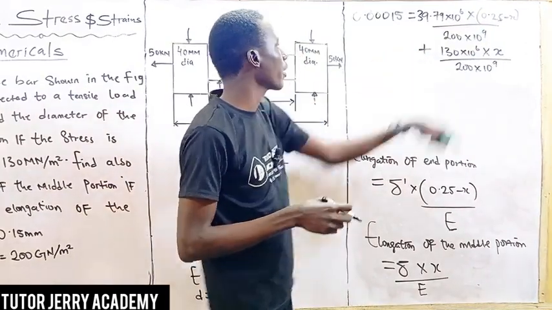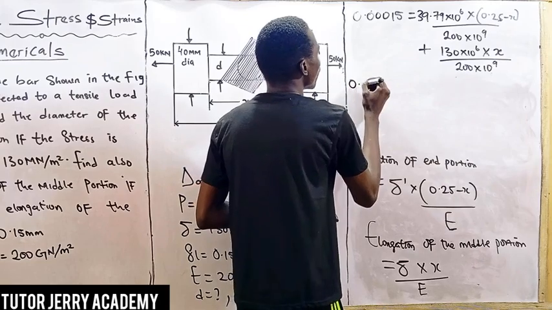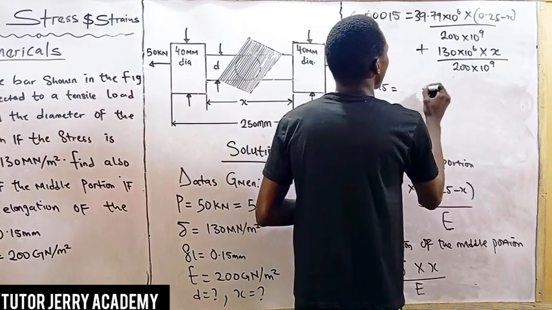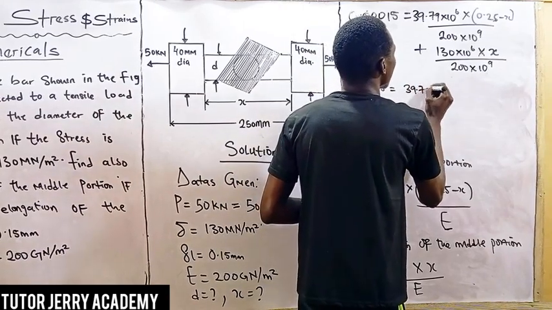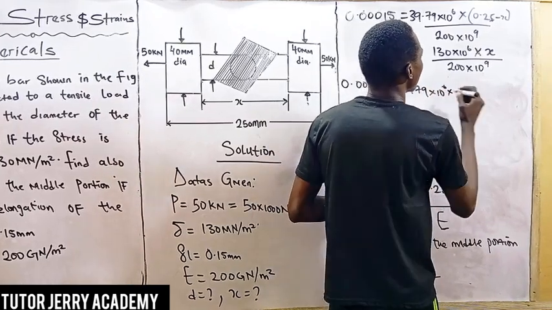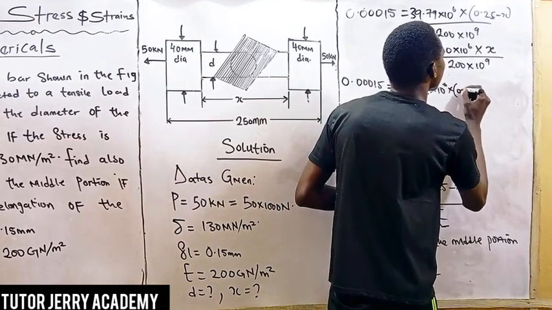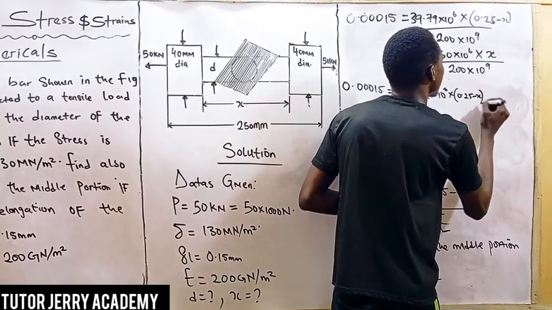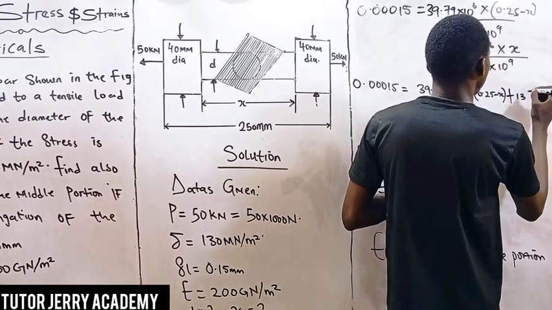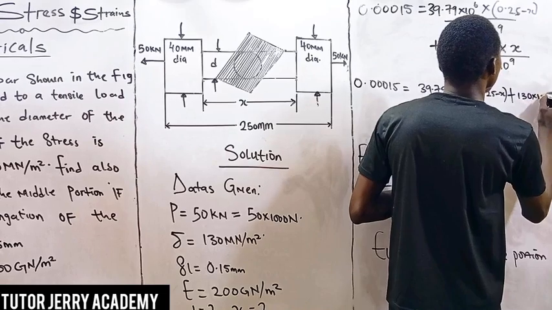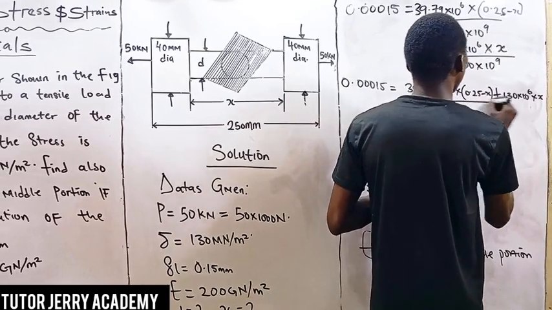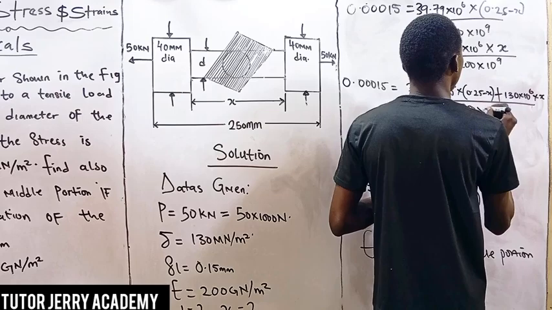We can take the LCM here. We have 0.00015 equal to 39.79 times 10 to the power of 6 multiplied by (0.25 minus x), plus 130 times 10 to the power of 6 multiplied by x, all over 200 times 10 to the power of 9.